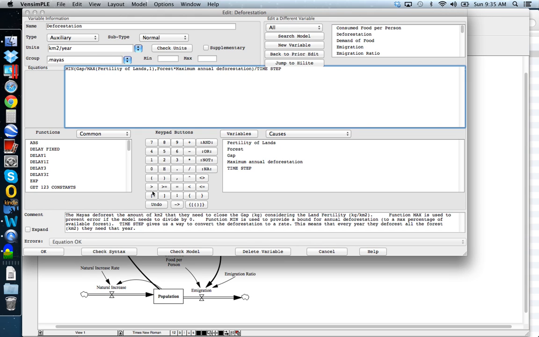Okay, so this translates into Vensim as follows. Let me look at the max first.